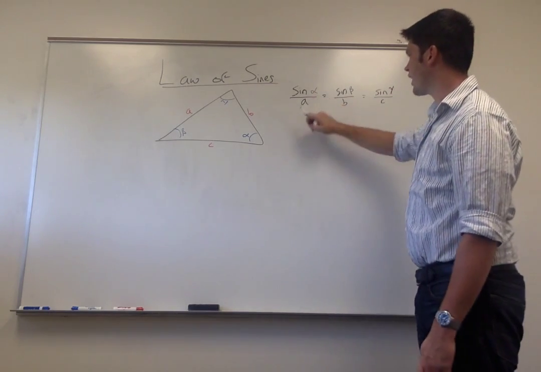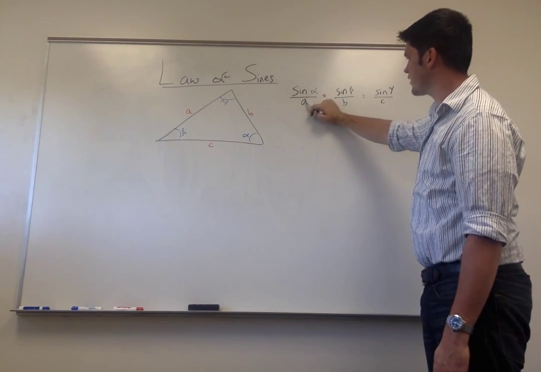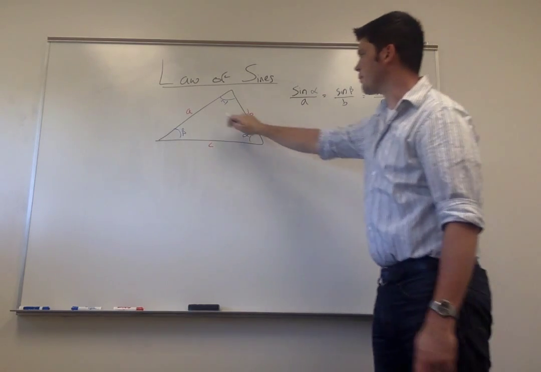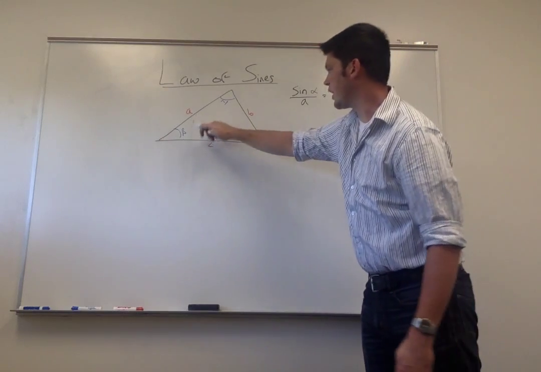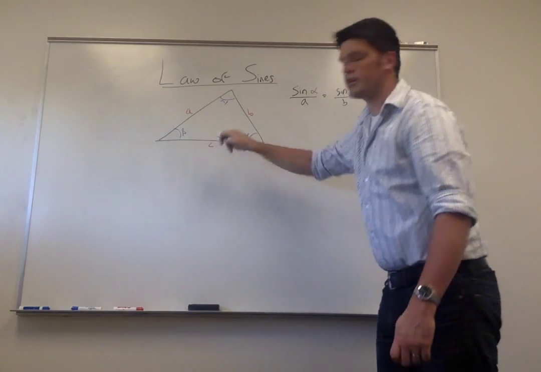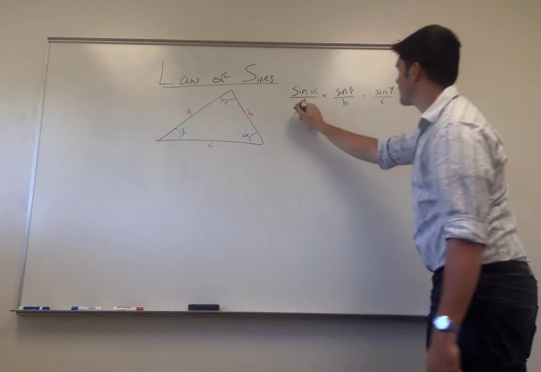And notice in each fraction we have the angle and the side paired up that are opposite each other, right? So alpha and A, beta and B, gamma and C. So that is the law of sines.